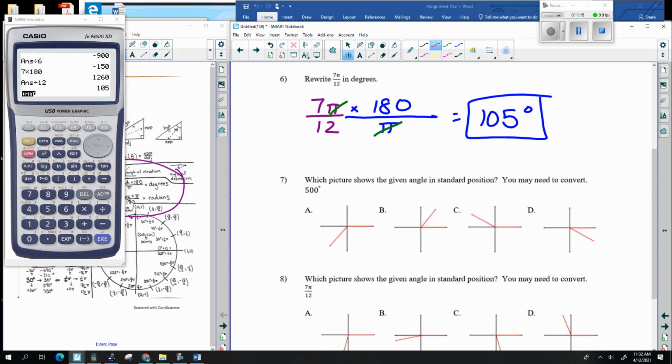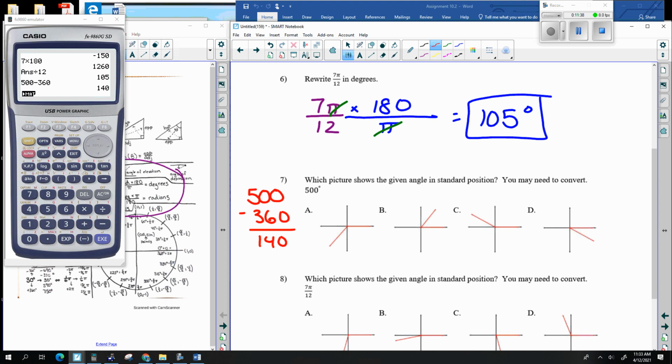To put this in standard position, you take the measurement that you have and subtract circles off of it, as many times as you need to. So 500 minus one circle is technically 140 degrees.